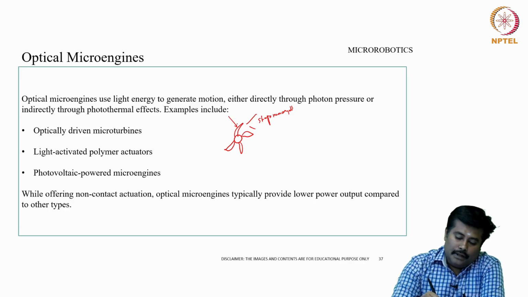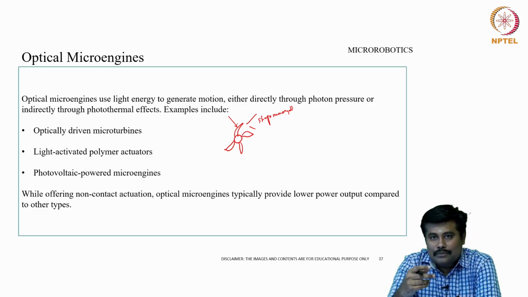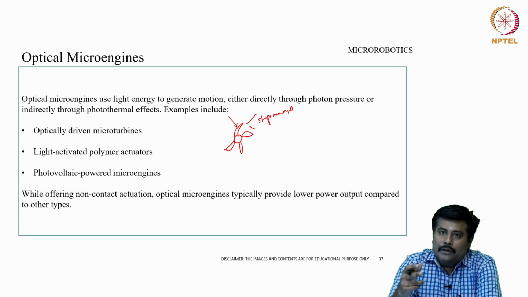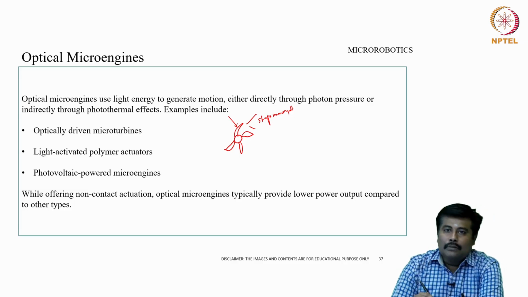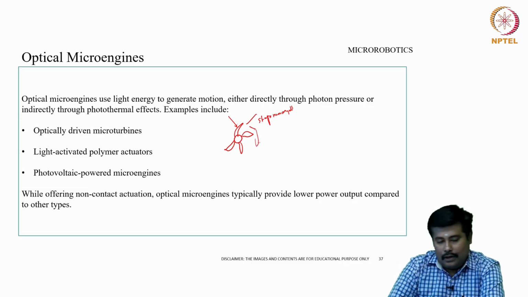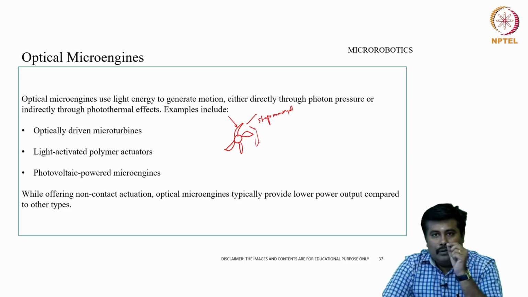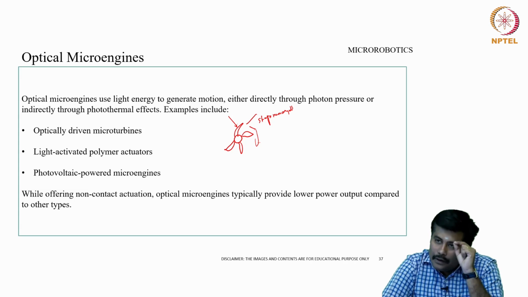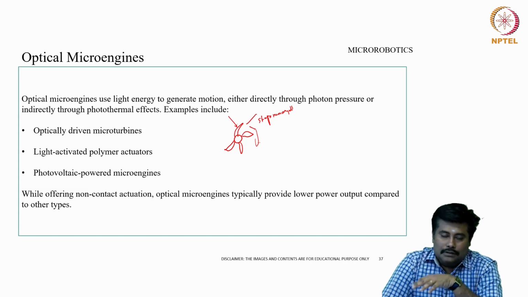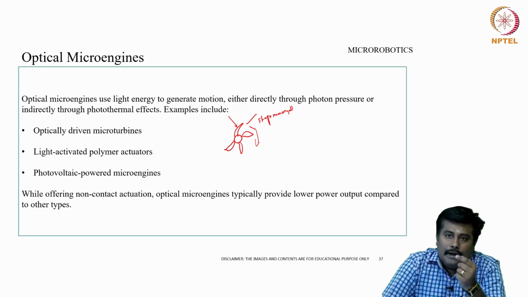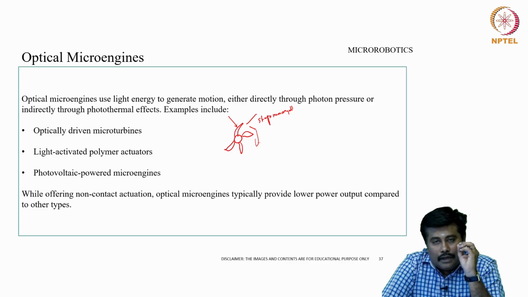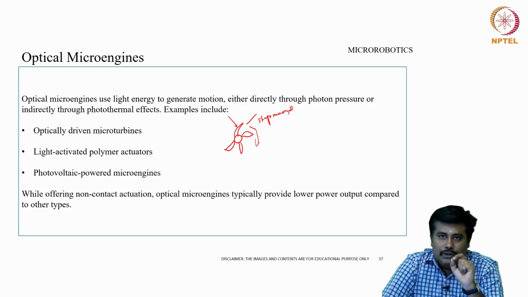Now, when laser light interacts with this micro turbine, the turbine tries to get actuated. When it gets actuated appropriately, there is a shift in the center of gravity, which results in a rotation. So the overall actuation is done by optical means, so that the light incident on this surface is completely absorbed and acts as a source for actuation. So, this is one mode in which we can have actuation through light.